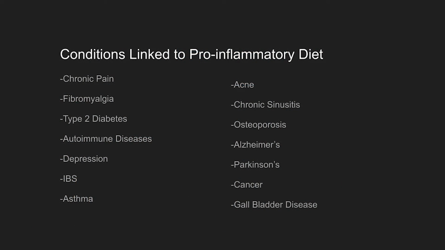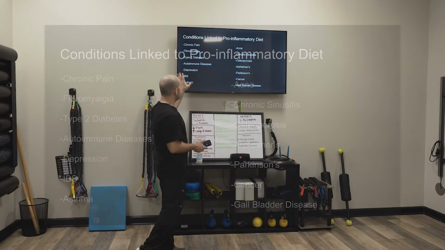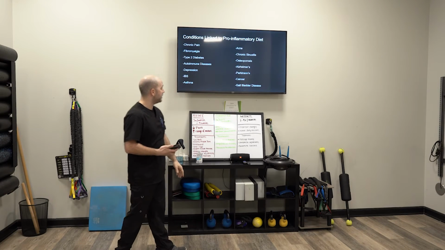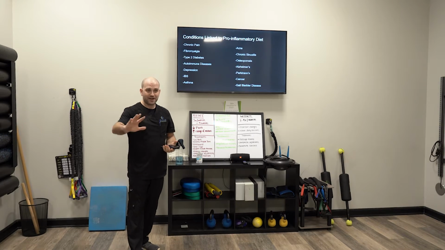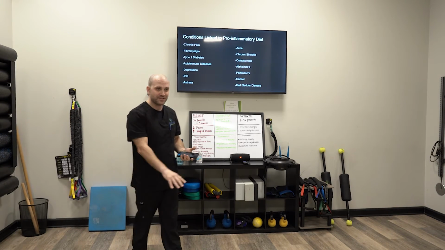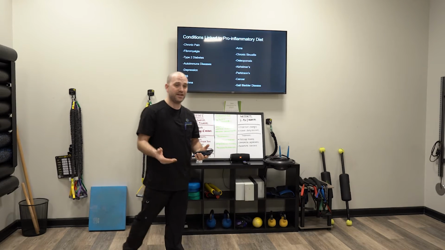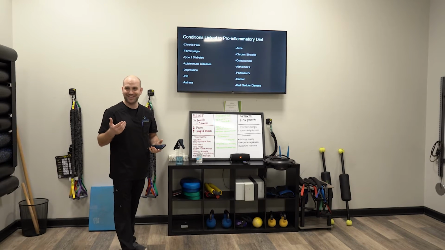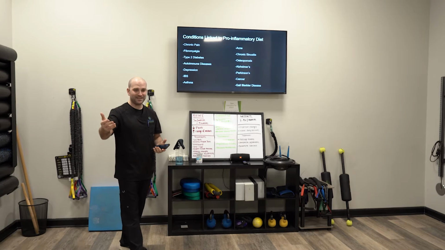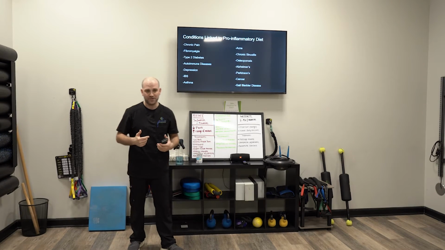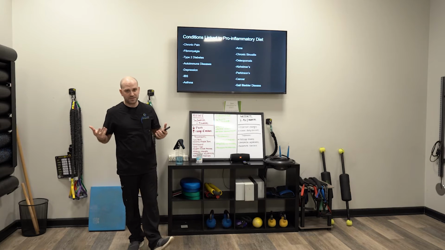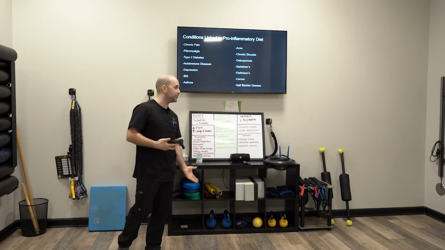All right, so let's take a quick look at this list. These are all conditions linked to the pro-inflammatory diet. You guys all got a handout. Now, I'm not going to be looking at your scores or anything like that. The idea behind that handout is just to spark a little bit of thought process into different symptoms you might be experiencing and your relationship with food.